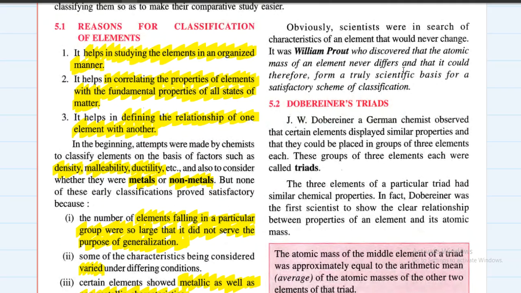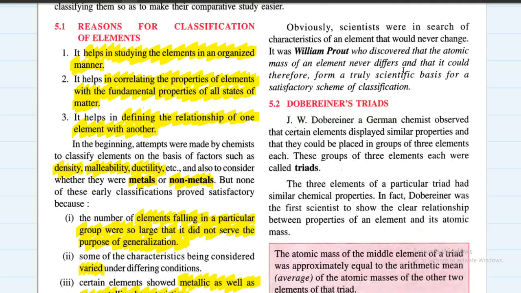You understand? Otherwise, if you classify on general or physical properties, it doesn't make any sense. So there was a search going on for some unique characteristic of an element that would never change, that would be unique for every element.